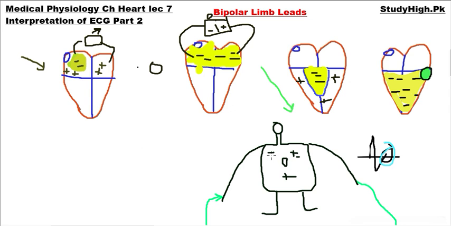This region is in negative potential, whereas this region, when our heart just starts depolarizing, is in positive potential. When our cardiac muscle just started initiation of action potential, this region is negative potential.